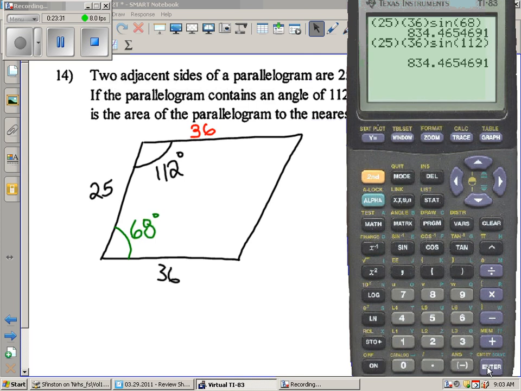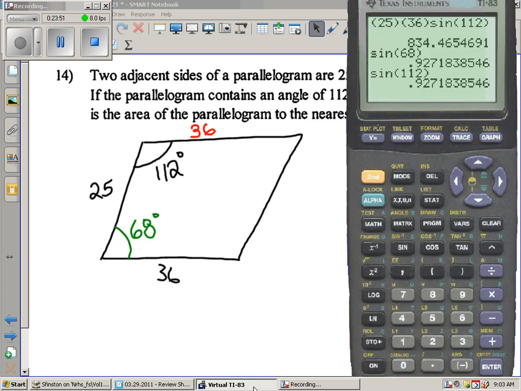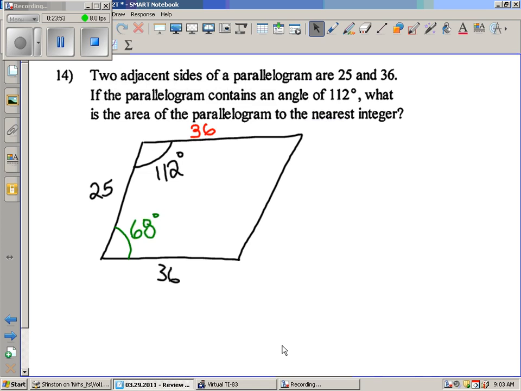And it's very much related to that question where they ask you how many triangles you could create. The whole reason you get the same answer is because the sine of 68 degrees is the same thing as the sine of 112. Right? So it's 800. What does it want? To the nearest what? So what is it? It's going to be 834.